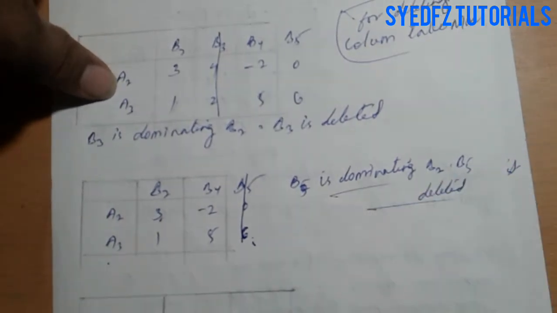Okay, so now check for saddle point, because the payoff matrix is reduced and it became rectangular. This is A2 and here A3, B2, B4.